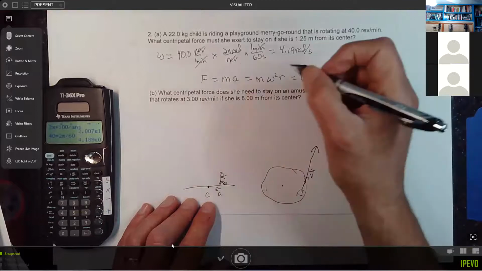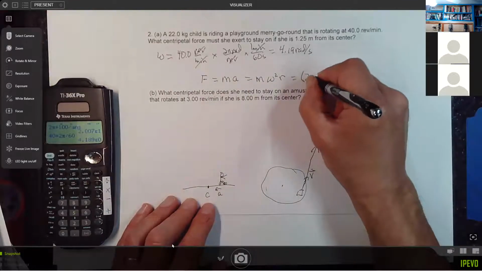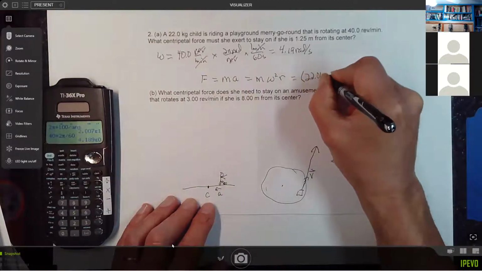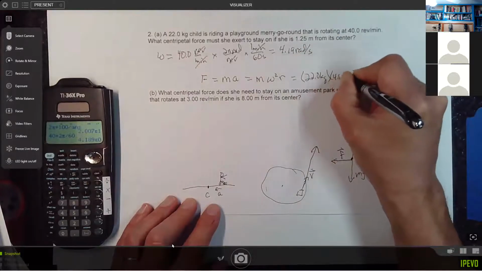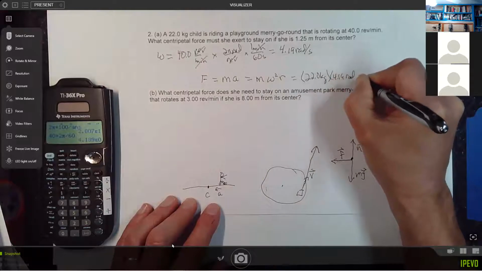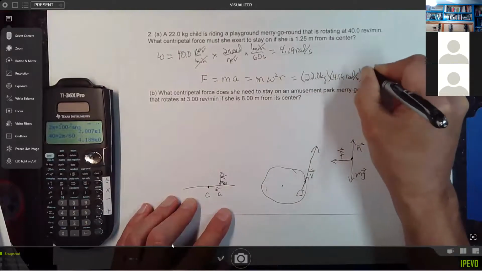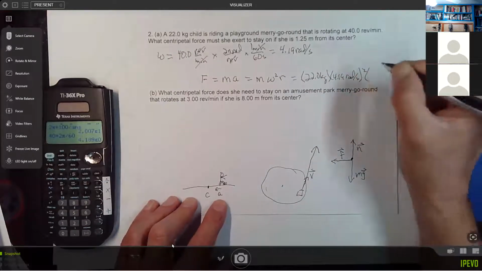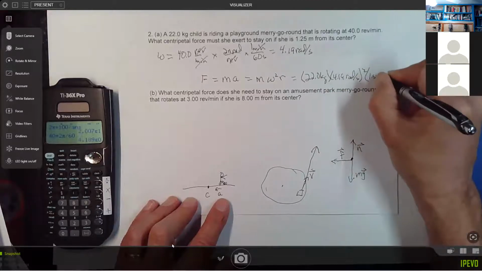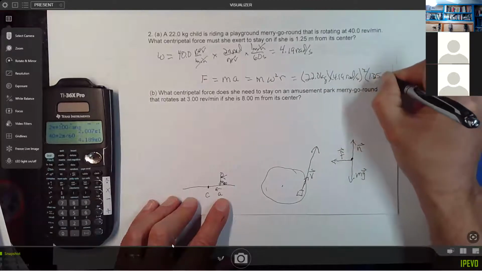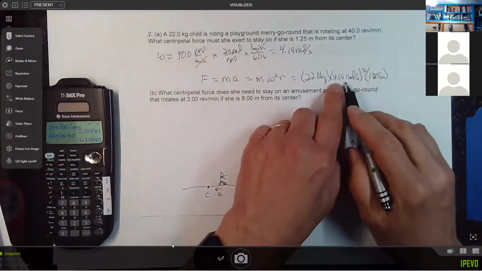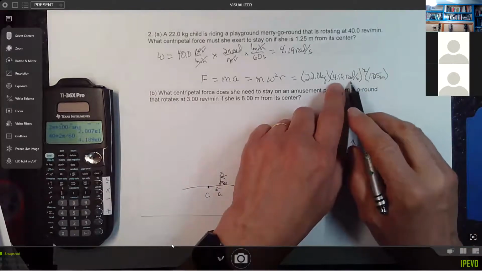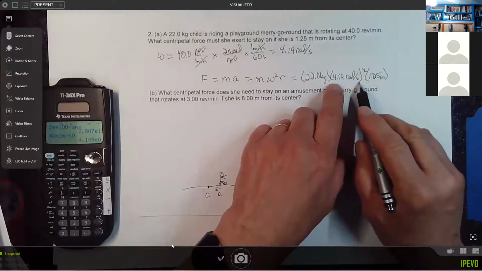Mass was 22.0 kilograms. Omega was 4.19 radians per second, and we square that, and the r was 1.25 meters. And actually, when you square this 4.19, you're going to get something more than 16 anyway.